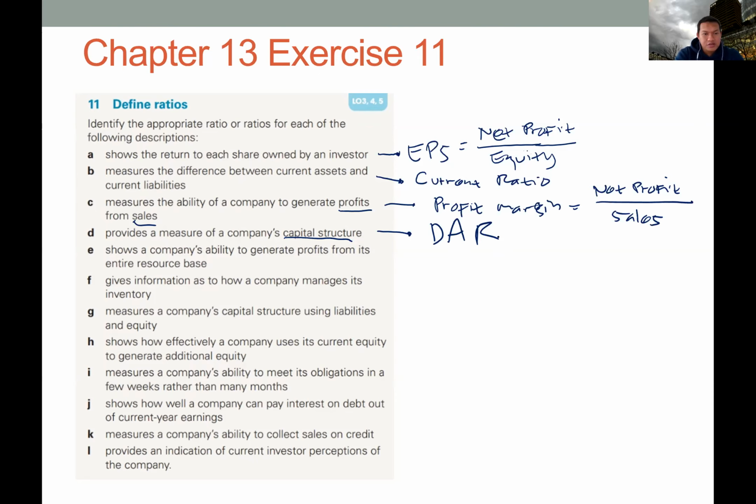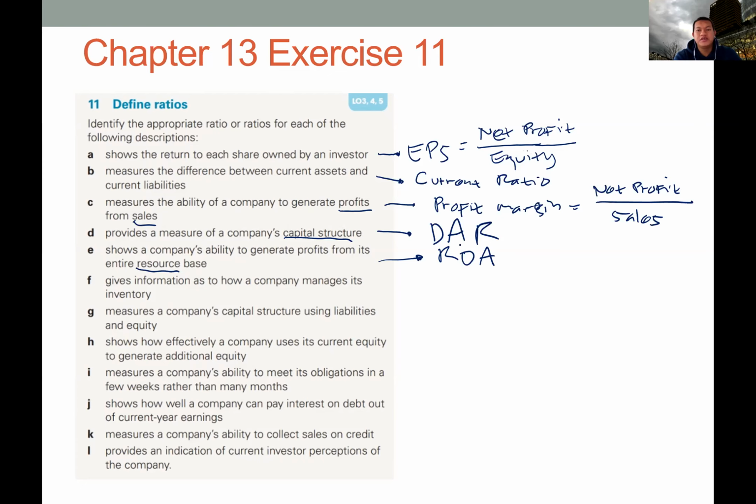Okay, the next one shows the company's ability to generate profit from its entire resource. So the company's resource is basically the asset. It shows you how effectively the company uses its assets to generate profit. So it's basically a return on asset, right?